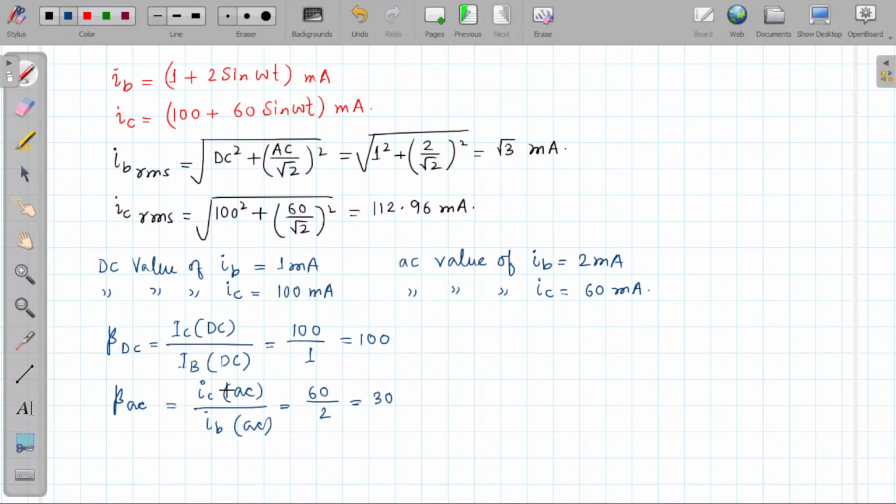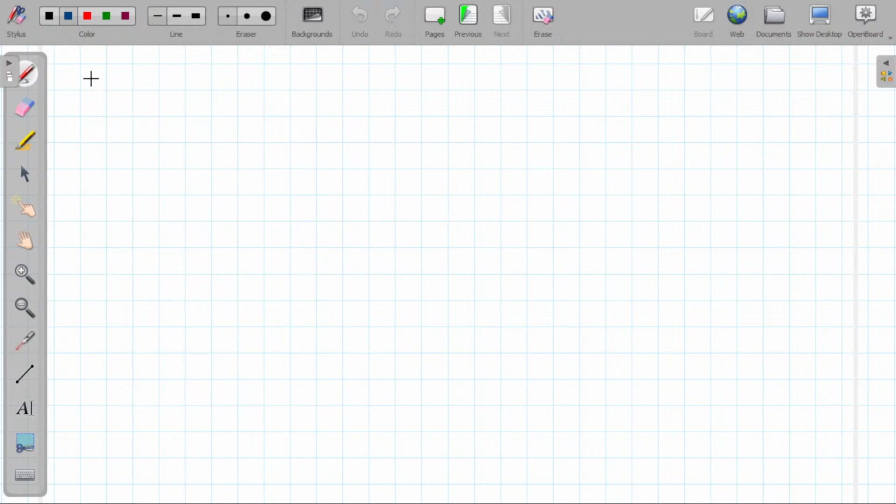Generally, in the examination, if the question comes from beta AC and beta DC, you can see that the beta DC value and the beta AC value are provided and they are generally equal to each other. So if the beta AC value and beta DC value are the same, what will be the R pi value?